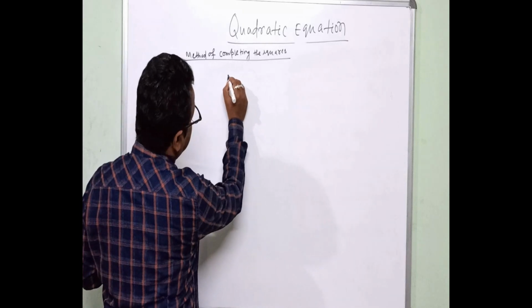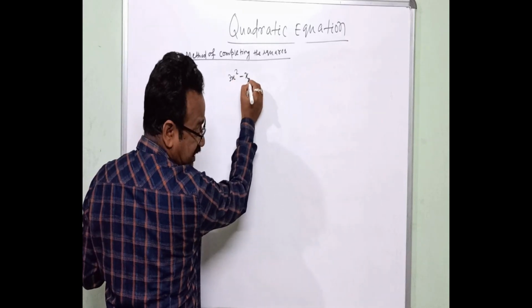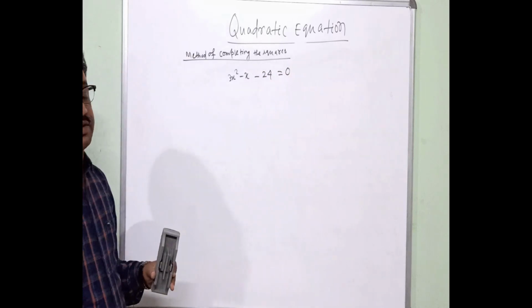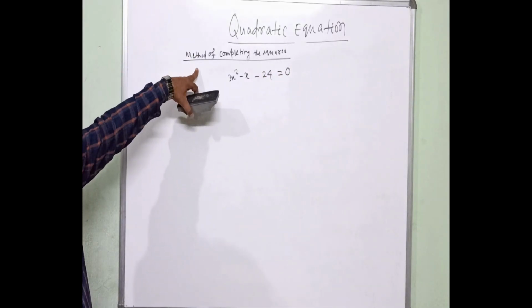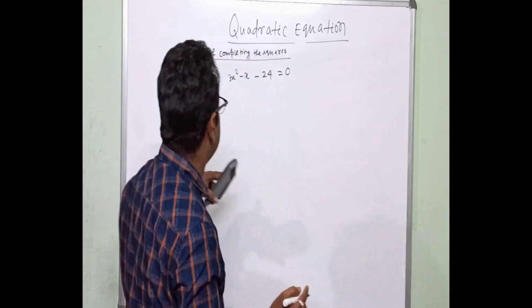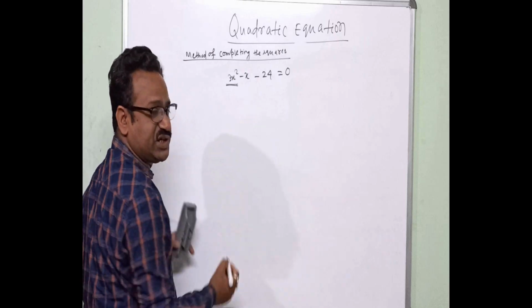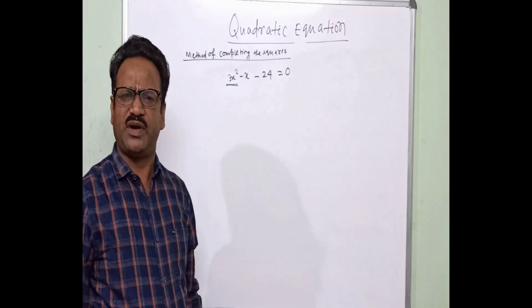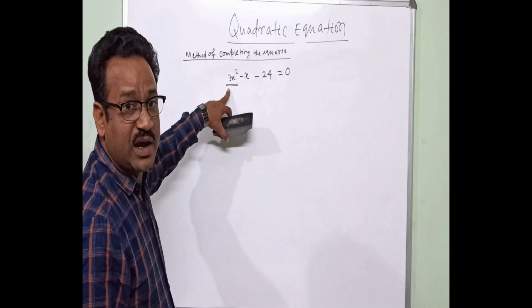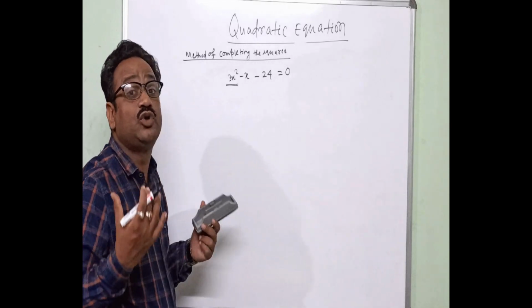Now take an example, 3x square minus x minus 24 is equal to 0. We have to solve this by the method of completing the squares. First of all, is the first term in the form of a perfect square? No, it is not in the form of a perfect square. So what to do?